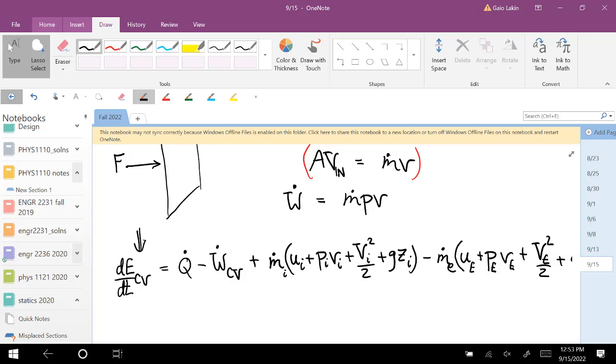Okay, gotcha. So this is now the enthalpy at the inlet. This is the enthalpy at the exit. And that's where that enthalpy thing becomes a thing at all, because it's useful in this application.